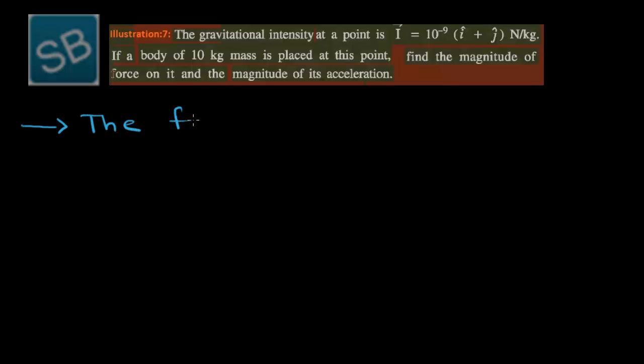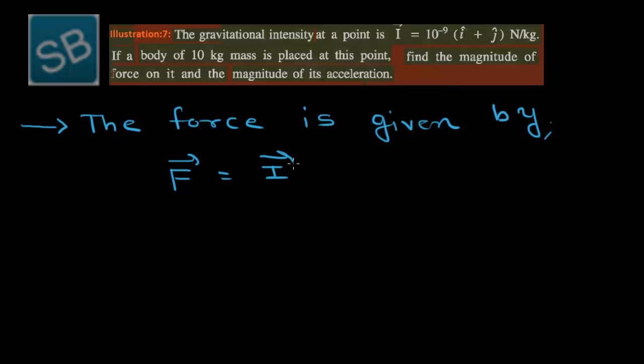So the force is given by F is equal to I into M, and here the value of I is given as 10 to the power minus 9 i cap plus j cap. So here you can see the field is in the xy plane and the mass of the body is 10 kilogram.